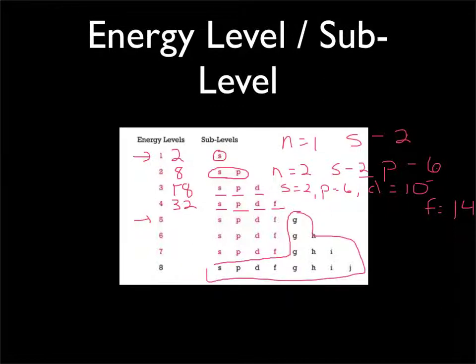We don't have enough atoms on the periodic table to fill those up, so we never get that far. But theoretically, in this level you could have 50 electrons if you went to that G sublevel. That would be an atom with over 100 electrons, and we haven't discovered or created it yet.